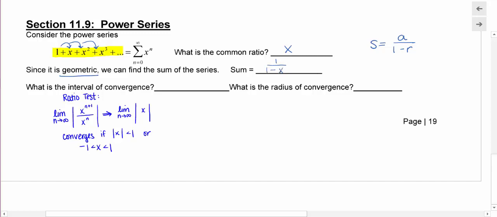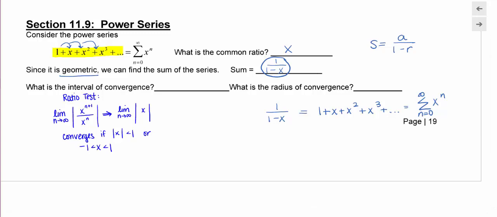So what I'm in essence saying is the series of 1 plus x plus x squared plus x cubed plus dot dot dot, so this series starting at 0 going to infinity of x to the n, that power series has a sum of 1 over 1 minus x.